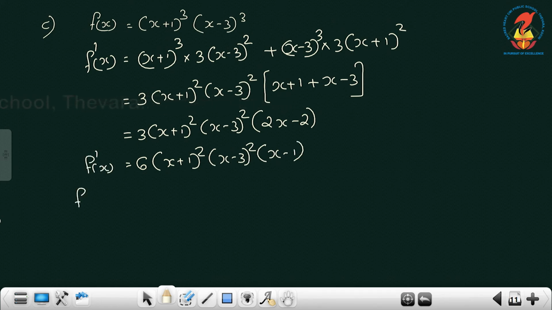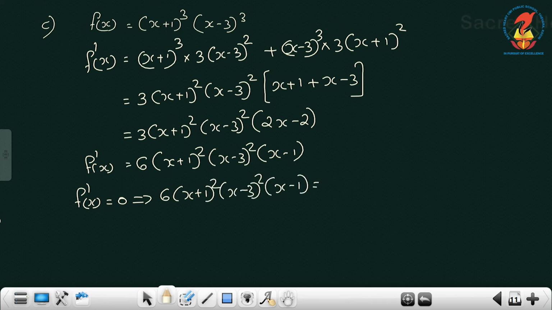Now next step is f dash x is equal to 0. That means 6 into (x plus 1) whole square into (x minus 3) whole square into (x minus 1) is equal to 0, which implies each factor is equal to 0. 6 cannot be 0, so each factor we put equal to 0. That is x plus 1 equal to 0, or x minus 3 equal to 0, or x minus 1 equal to 0.